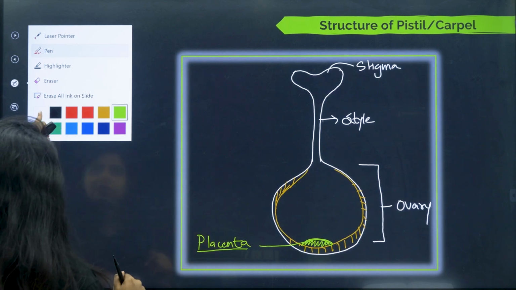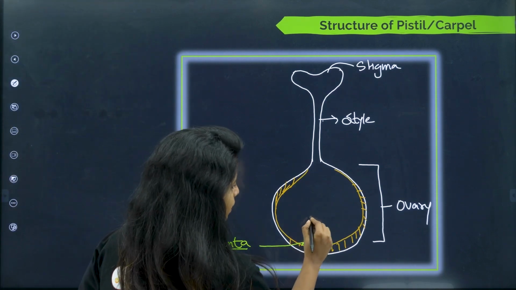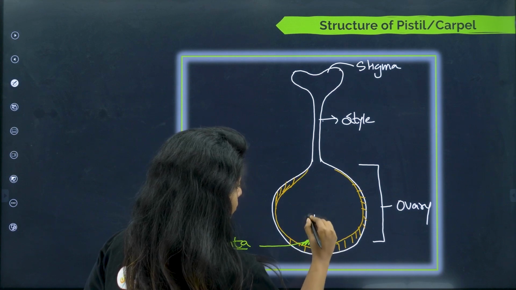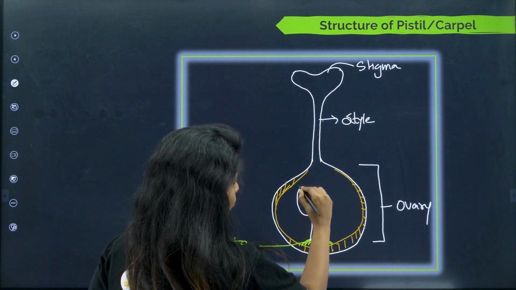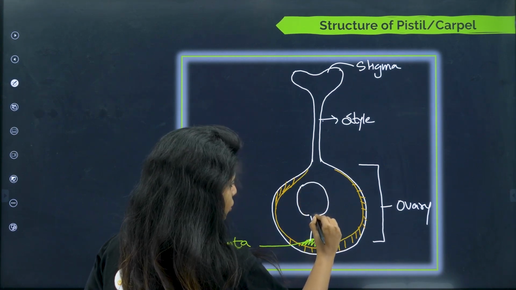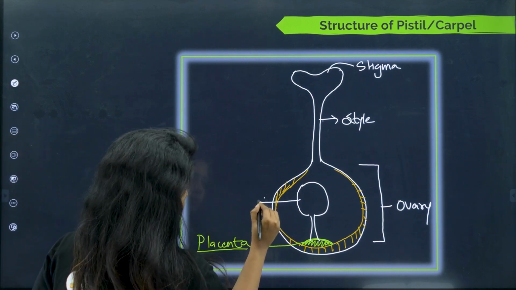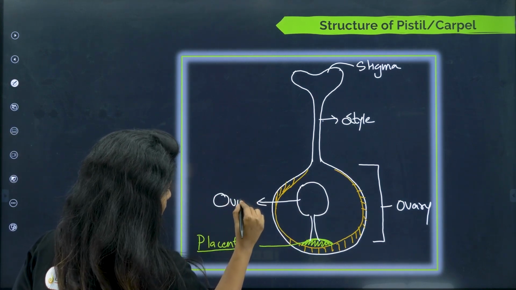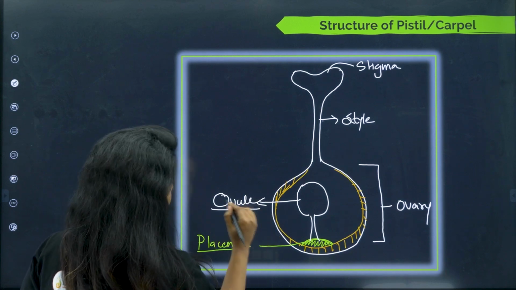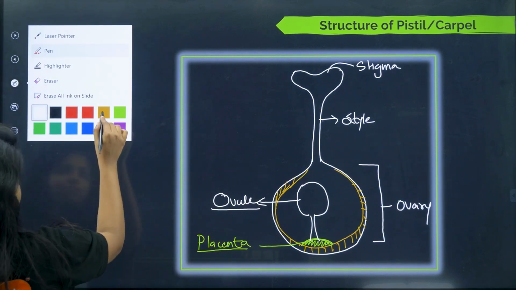So before that we have placenta, which provides nourishment to the ovule. So we have to make the ovule. I am just making one ovule over here. Imagine that this thing is the ovule, and this thing, children, is the megasporangium.